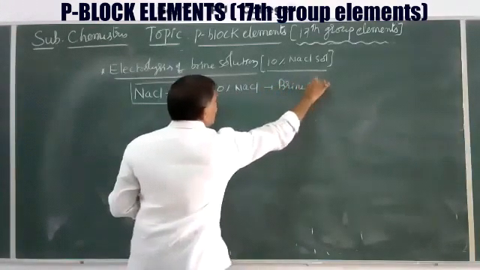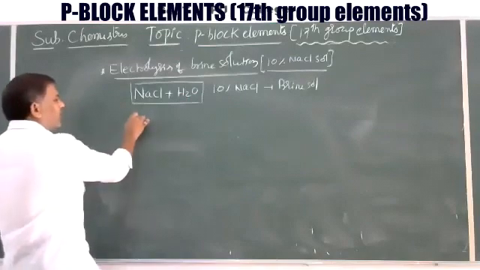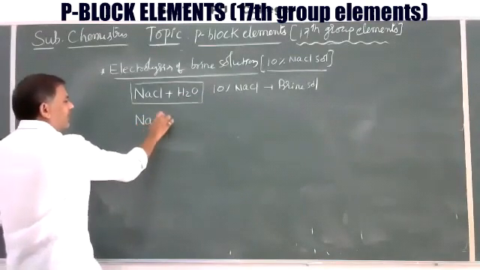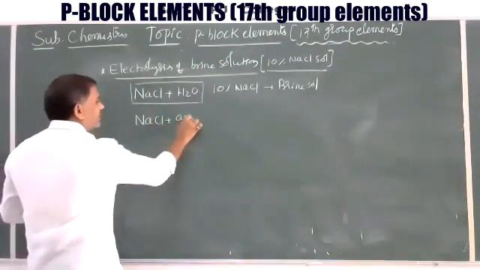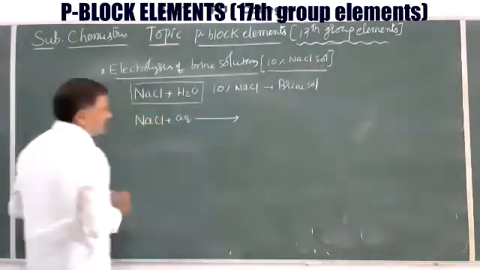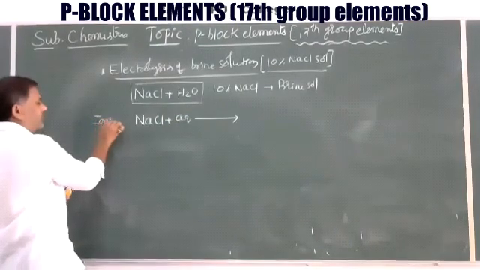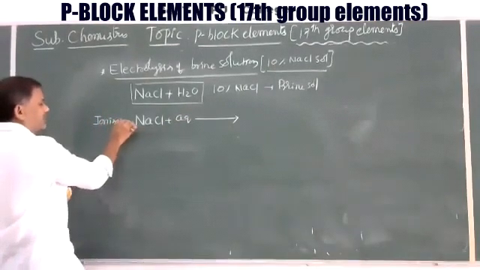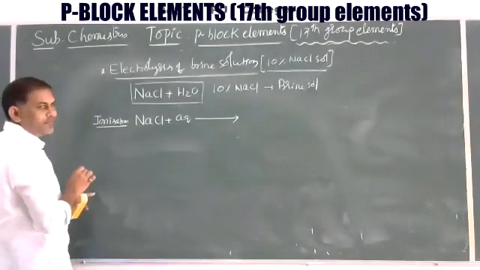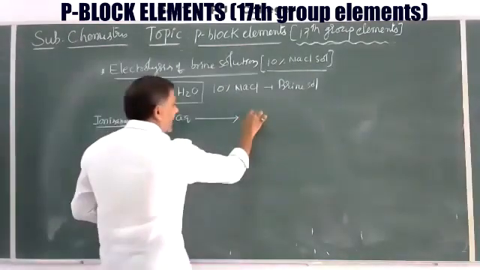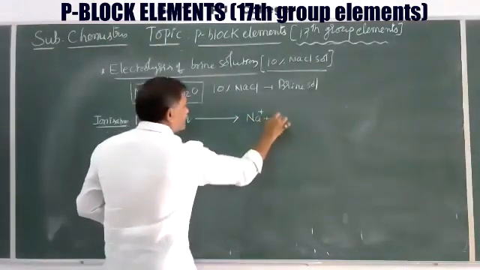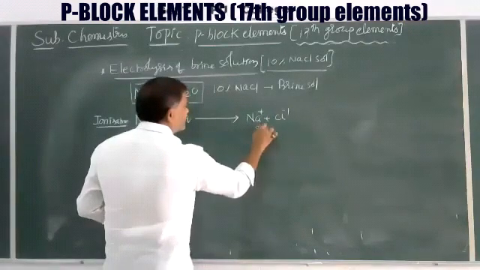10% NaCl solution. Now your NaCl in aqueous medium ionizes because it contains water. So this is called an ionization reaction. It gives Na plus plus Cl minus in aqueous medium.